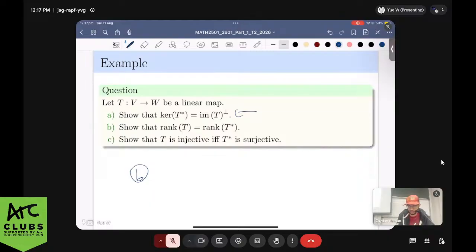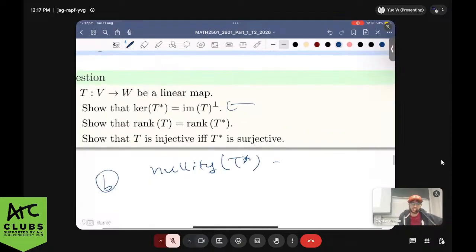Just taking dimensions immediately gives nullity T star equals the dimension of the orthogonal complement of the image of T. So notice that the image of T plus its perp is what?